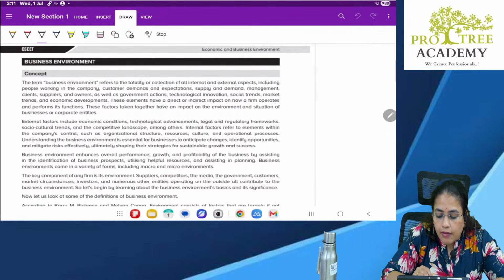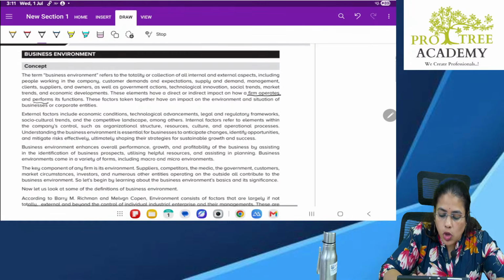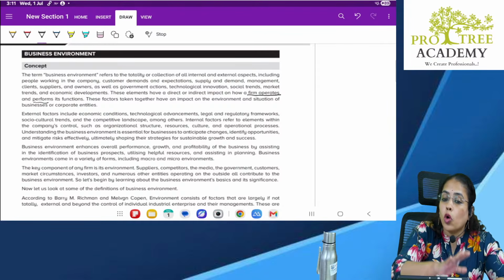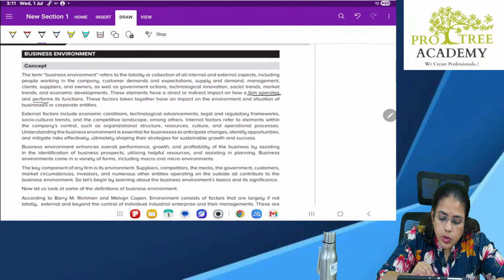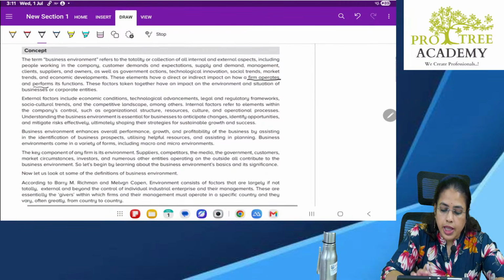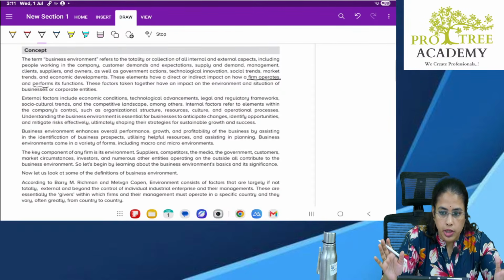These elements have a direct and indirect impact on how the firm operates and performs its functions. So how the performance of the firm is depends on all these aspects. Okay. These factors taken together have an impact on the environment and situation of a business or a corporate entity. These factors taken together will impact how your business will be growing or how your business environment totally is.